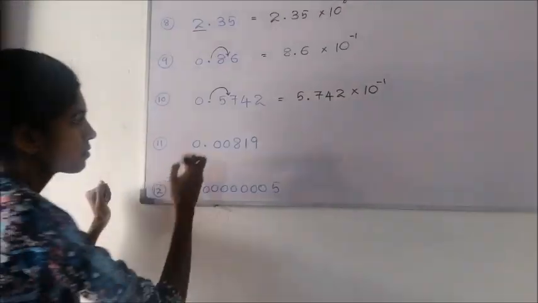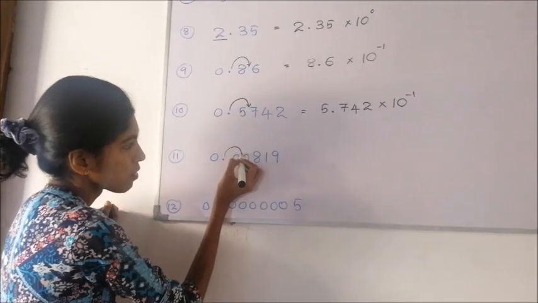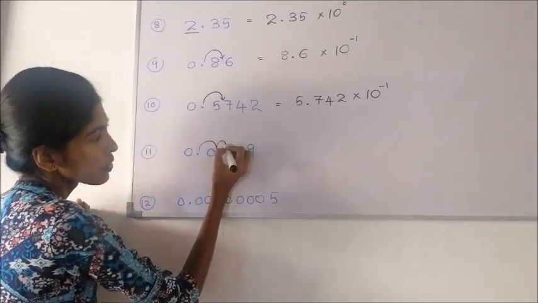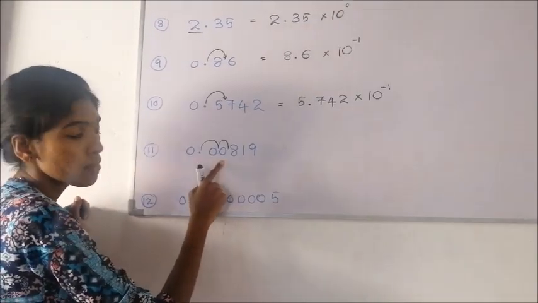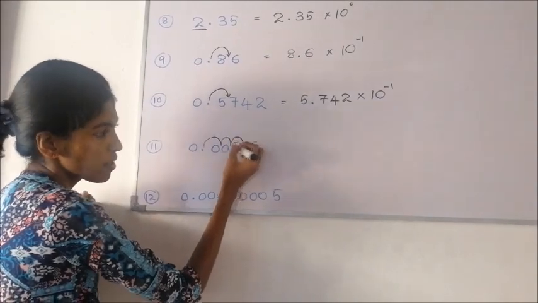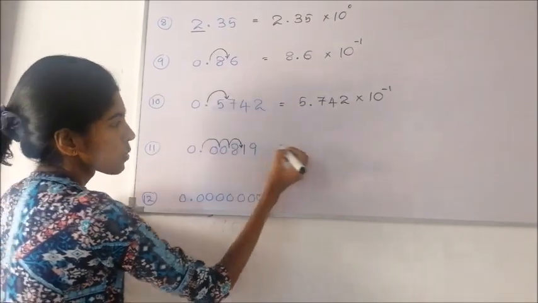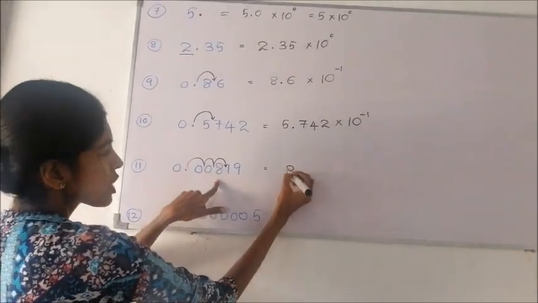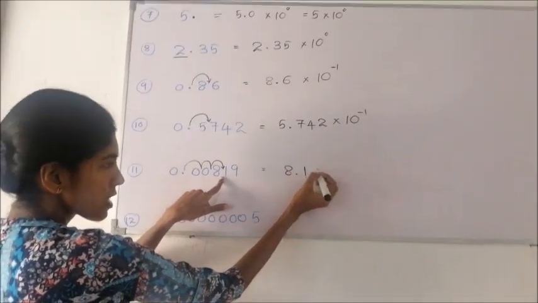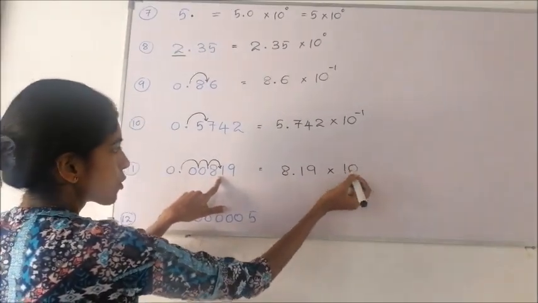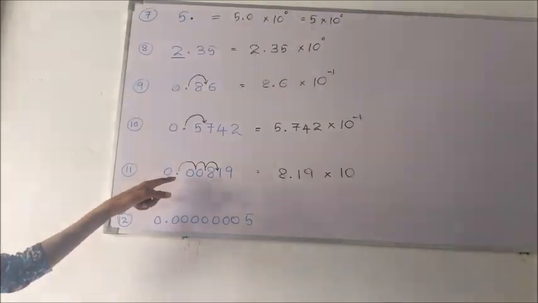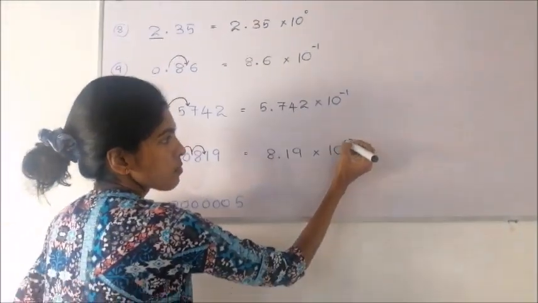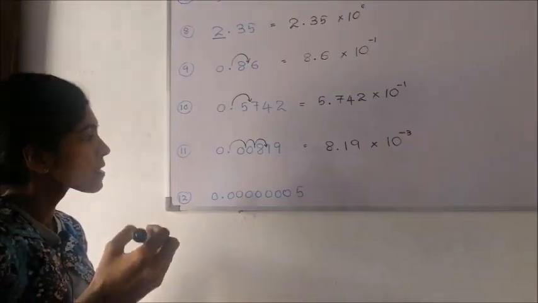Here 0.1, 2, still we didn't get any other number except 0. 3, we got another number, right? So this can be written as 8 point, now the decimal point is here, 19 times 10 to the power, how many times did we move? 3 times. It becomes minus. Why is that?